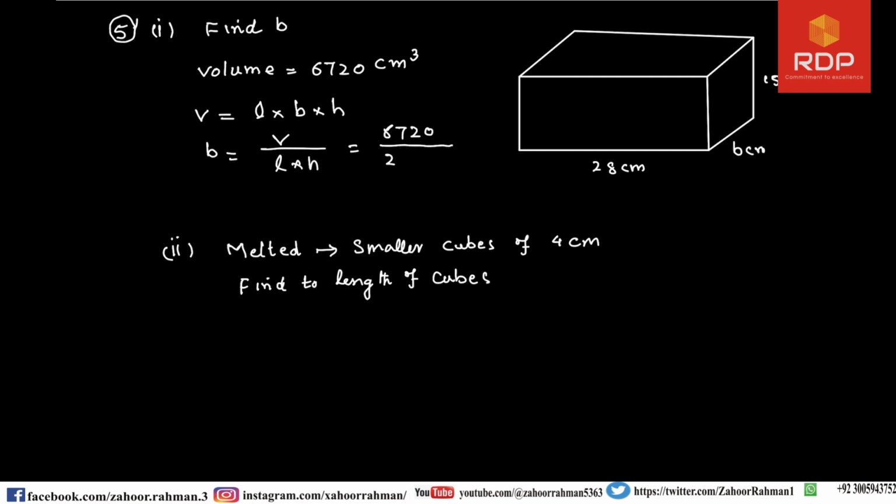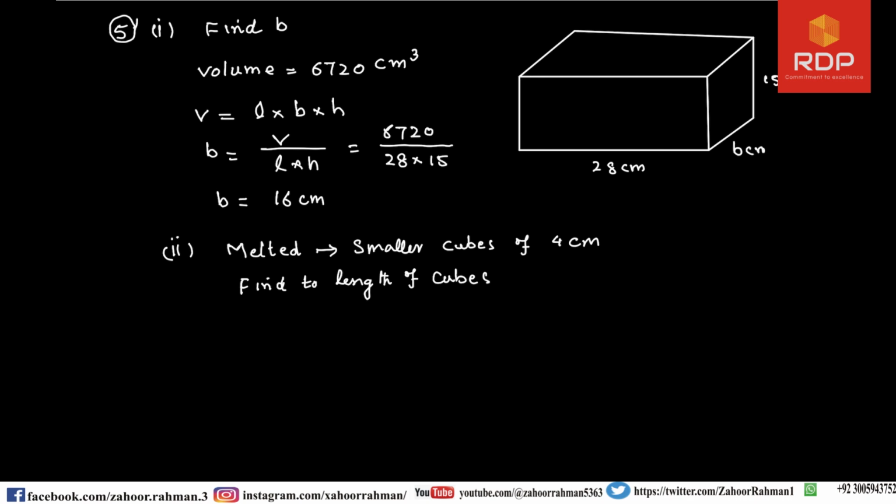Length is given to be 28 and height is 15. The only variable was B, which we are going to find. So B is equal to, in this case, 16 centimeter. So breadth is equal to 16 centimeter.